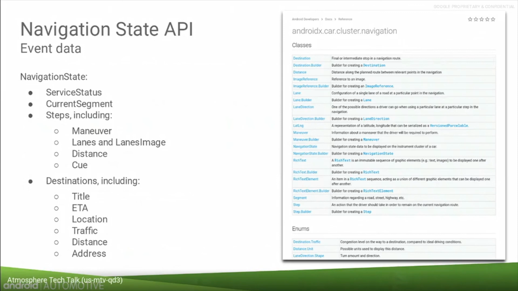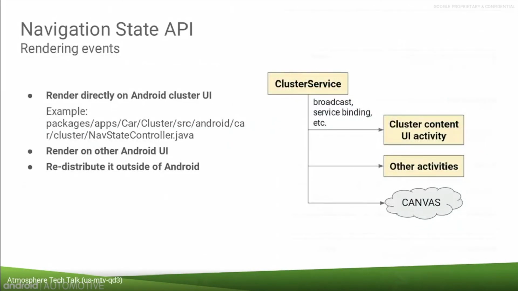So once you have this information, it's time to render it. And there are a couple of options. You can render it on the same activity that we saw before, the cluster activity. This is what we have in the reference implementation in AOSP. You can pass it to other activities. So for instance, let's say that you want to show the next maneuver on the passenger display or in some other display in the car.